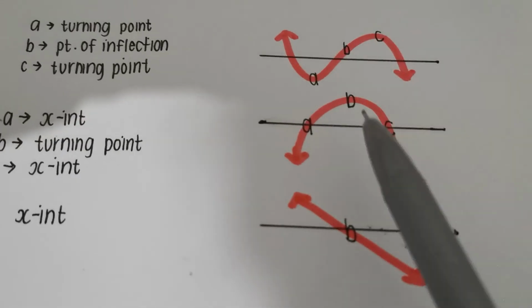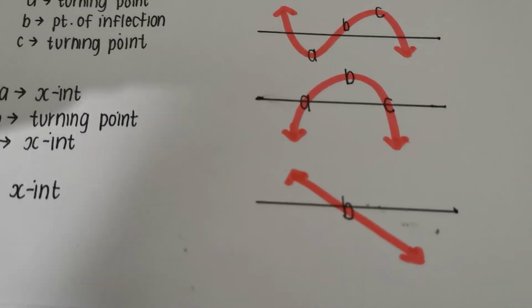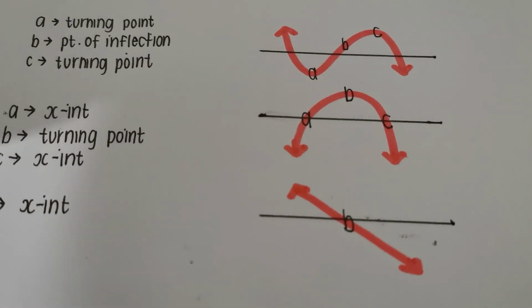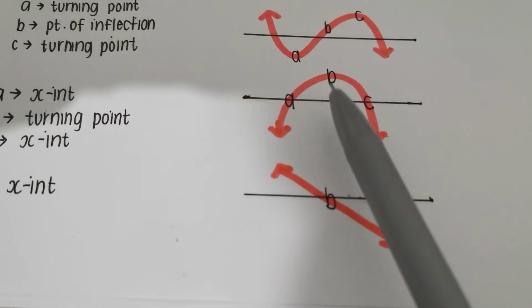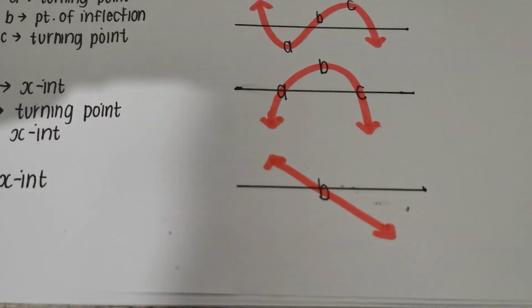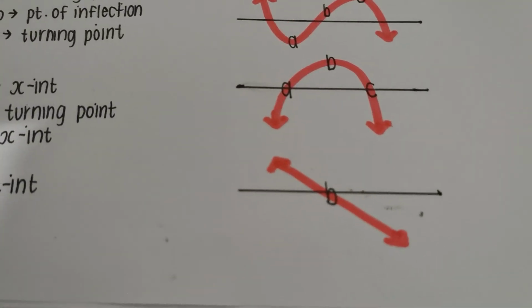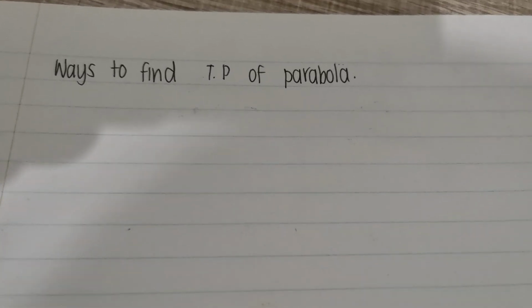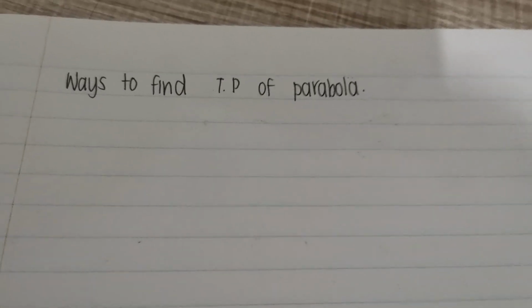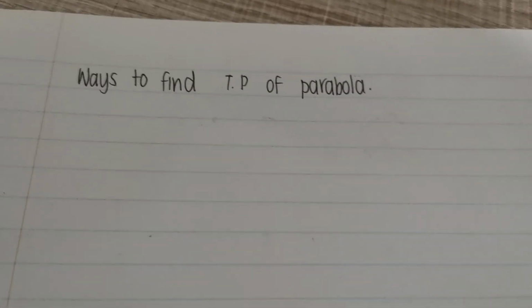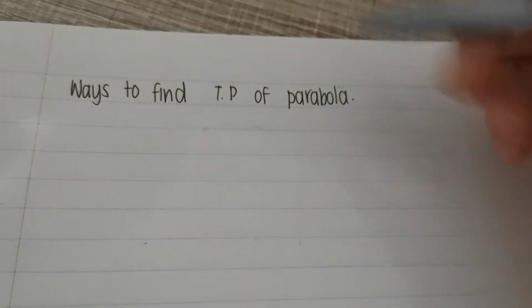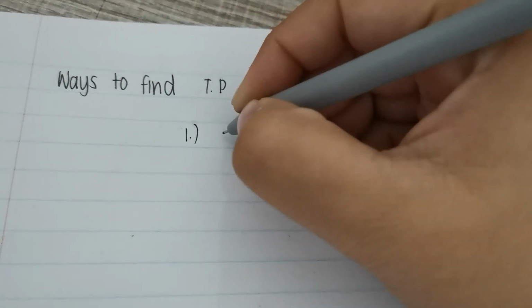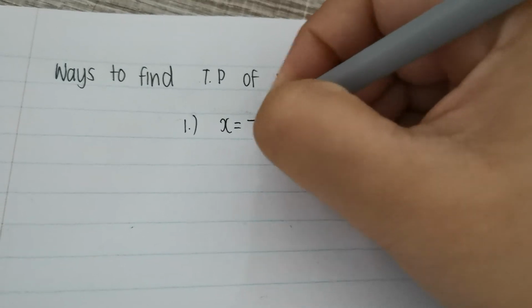Okay, on that note, please remember that when we're talking about parabolas, there's quite a few ways to determine the turning point, okay? Let me write this down because it's always easier when we see things. This is basically to help you find the turning point of a parabola. Now, I'm just listing down all the possible ways that you can do it. Option 1, the easiest: x is equal to minus b over 2a.